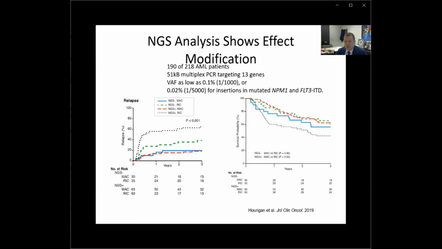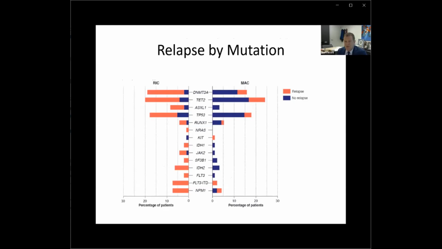So it's basically arguing that if you still have disease present, you should definitely try to get a high-dose intensity conditioning regimen if possible. And regardless of what type of mutation you had, even TP53, which is one of the worst, there were lower relapse rates in patients who got high-dose intensity conditioning compared to patients who got low-dose intensity conditioning.